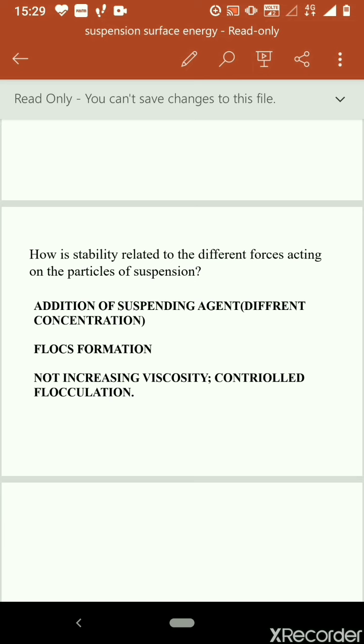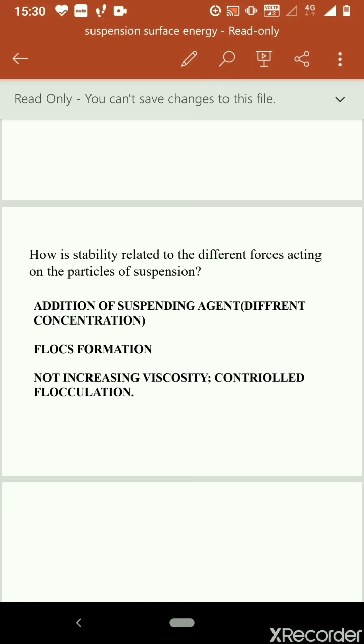The addition of suspending agent at optimum concentration is very vital while preparing a suspension. Different concentrations of suspending agents must be tested, and the optimum concentration should be used to prepare the suspension. As you have learned earlier, a polymer-like material, which is a suspending agent, forms a coating on the particles which prevents settling, or it makes the suspension viscous, whereas appropriate viscosity is very much necessary.